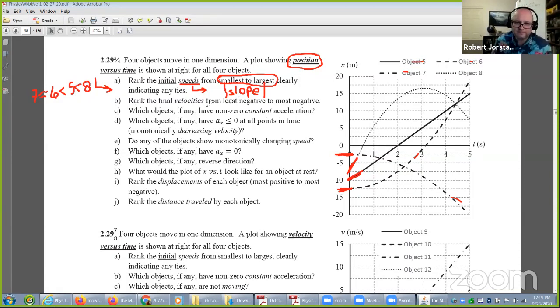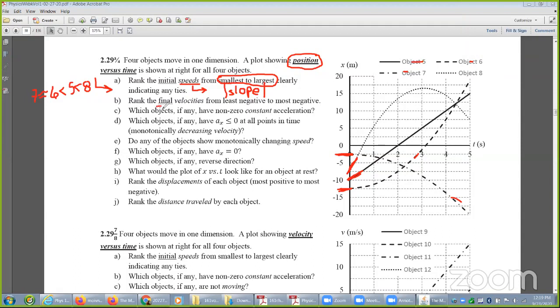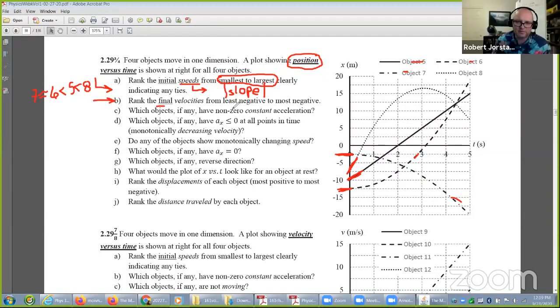All right. Now, what's the difference in part B? In part B, we're supposed to go from least negative to most negative, and we're talking about velocities. And we're looking at the final time, the slopes at these times. I'm just starting to pick up the pace because I see we're running out of time.